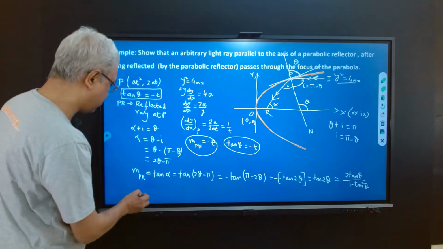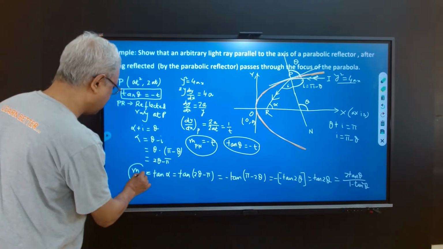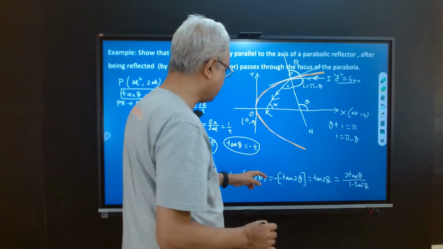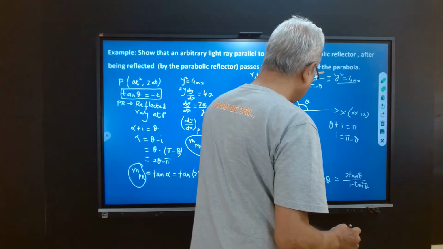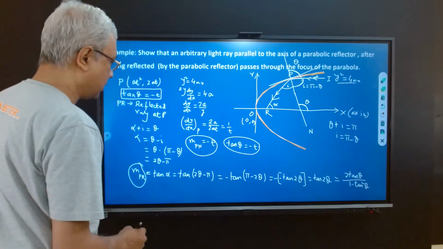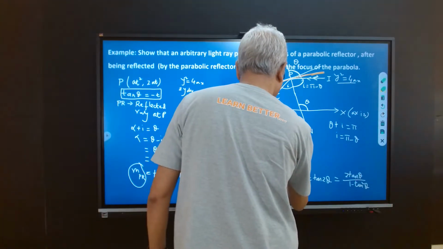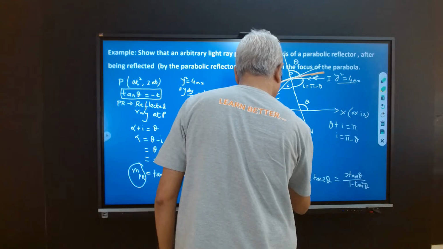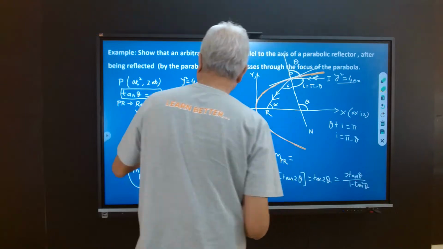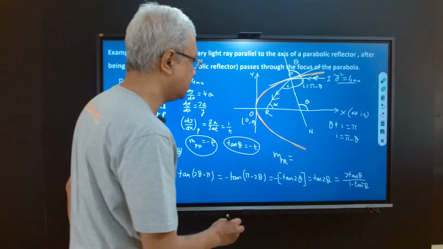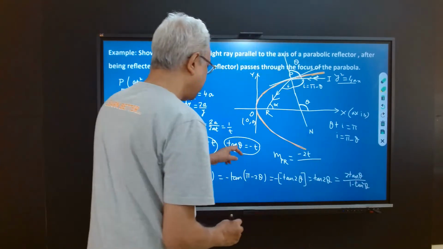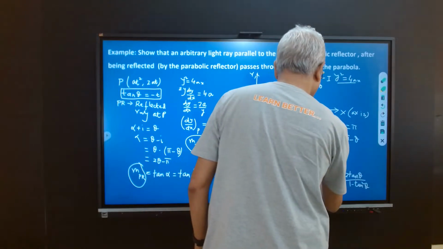Therefore, the gradient of the reflected ray, which is tan alpha, is tan(2 theta minus pi), which is minus tan(pi minus 2 theta), that is, tan 2 theta, 2 tan theta by 1 minus tan square theta. So MPR, the gradient of the reflected ray, with tan theta equal to minus t, is minus 2t divided by 1 minus t square.